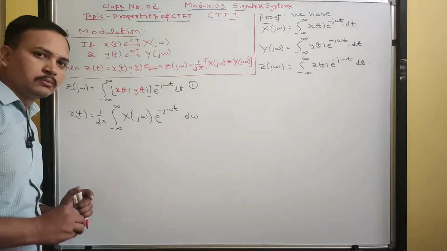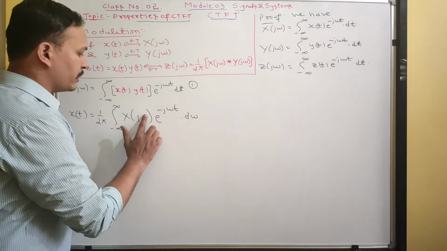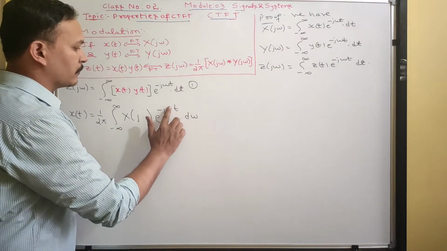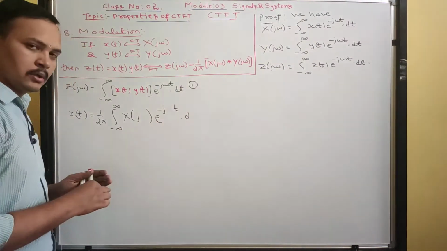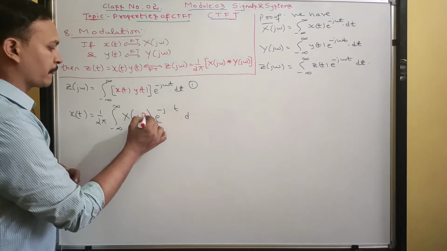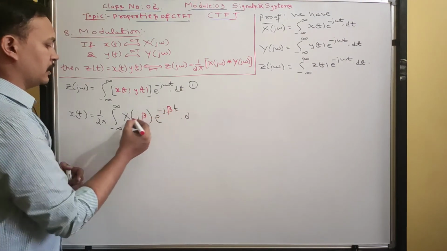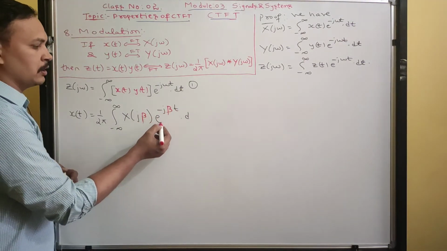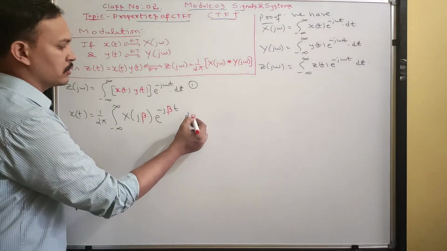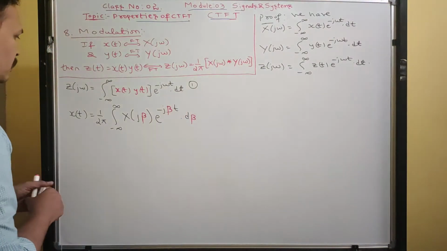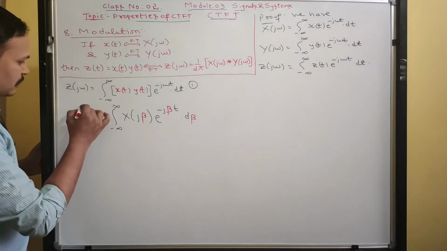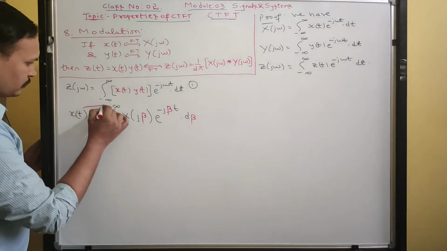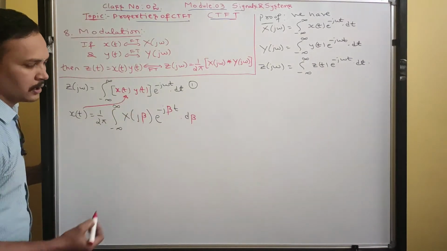Guys, just as a modification, instead of writing omega, you write beta: x of j beta into e power j beta t into d beta. Okay, now substitute this x of t equation here.